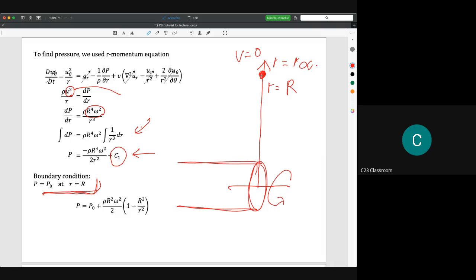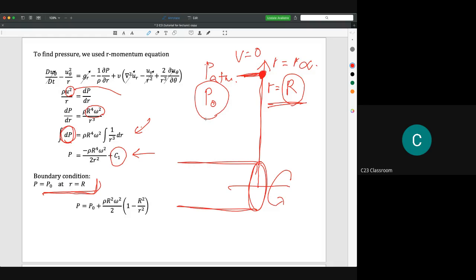Now we are solving the pressure term, so we give the boundary condition in pressure terms. Let's say that at a certain point, when R is equal to maximum R, we give it as capital R, the pressure here will equal atmospheric pressure, P atm. Normally we write P atm as P naught.